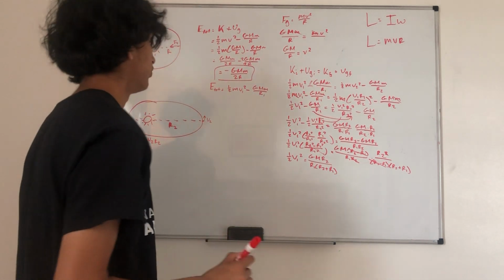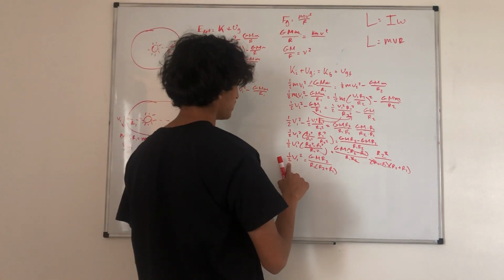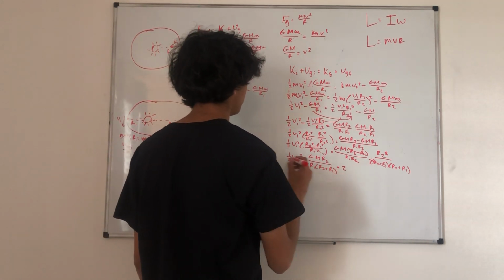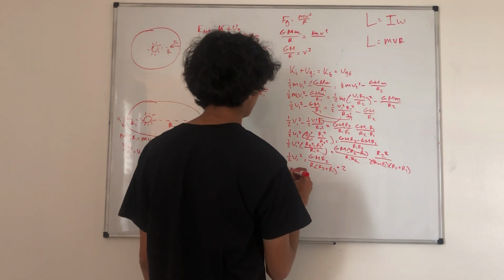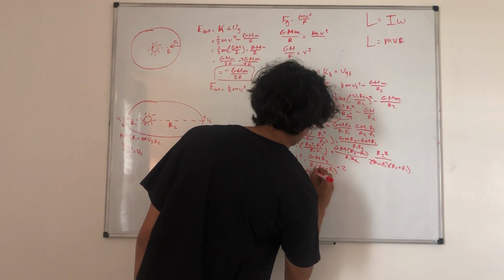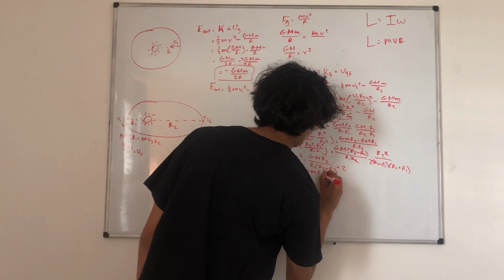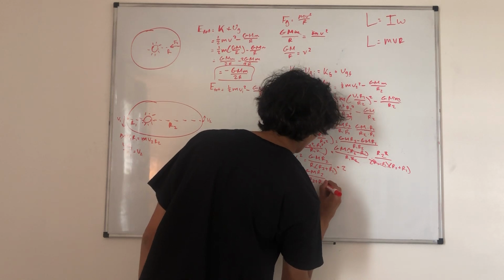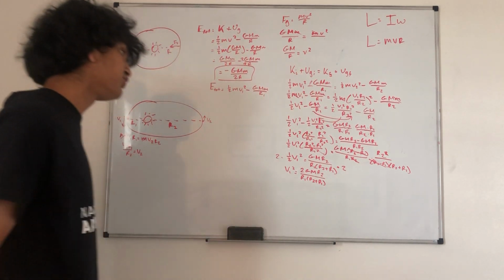Now, what we can do is multiply both sides by 2 to get rid of that 1/2. So we're left with v1 squared equals 2gm r2 over r1 times r2 plus r1. Phew! That actually simplified pretty nicely.